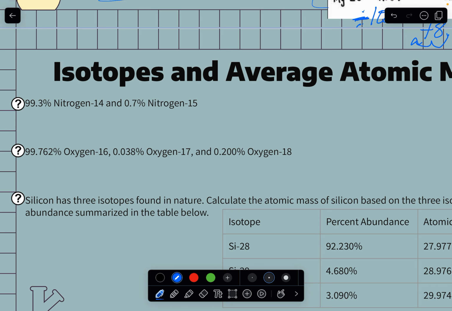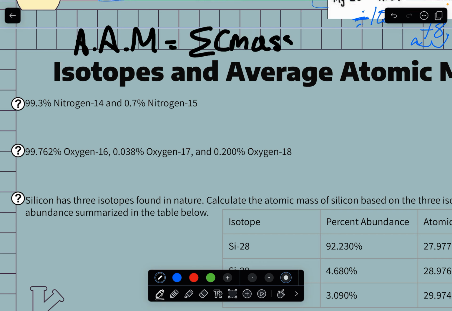So we are calculating the average atomic mass. Remember that the equation was: the average atomic mass is equal to the sum of the mass times the percentage for each isotope. For this one, we have two isotopes, nitrogen 14 and nitrogen 15.